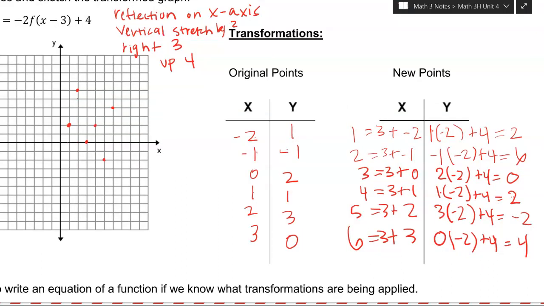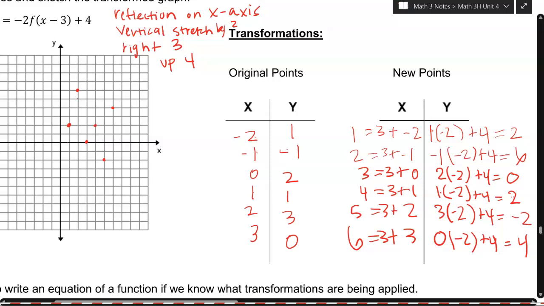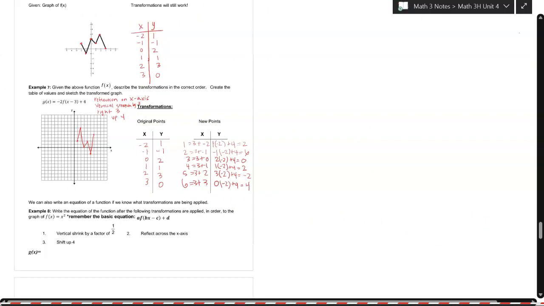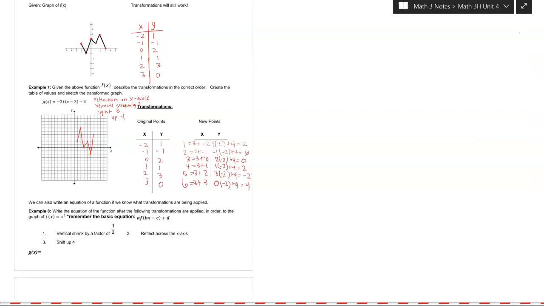Okay, I fixed the dots where they should go. And now you connect the dots to make the lines. And there we go. It doesn't quite look like it because of that stretch, but you can kind of see it. It looks similar. If we flipped it upside down, you would be able to tell better.